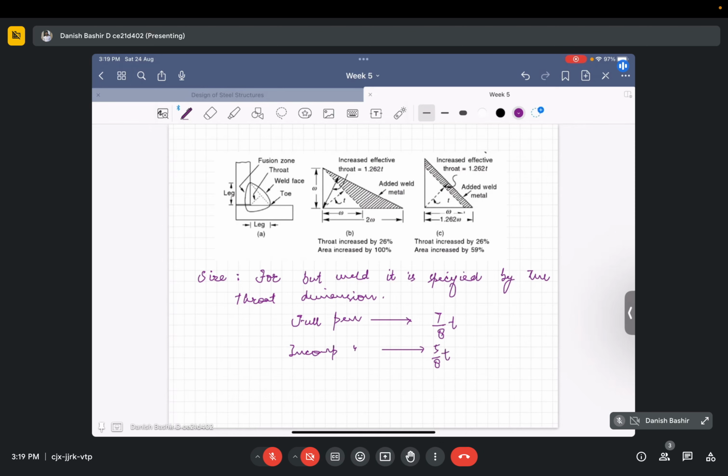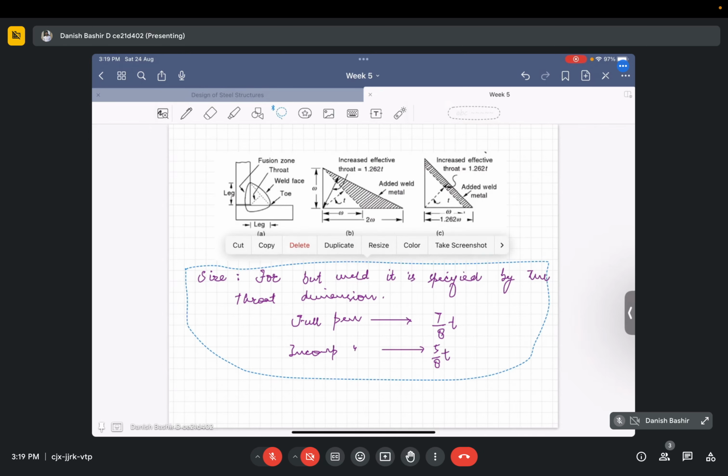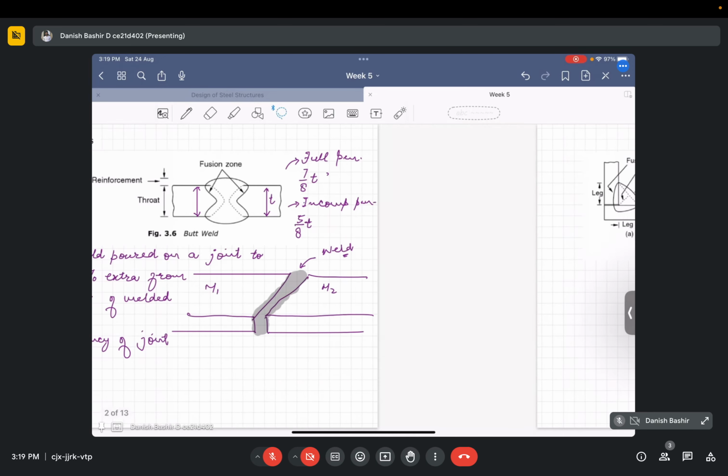Okay, then moving forward we have effective area. For this we have to see, so we were seeing all these things actually in butt weld.